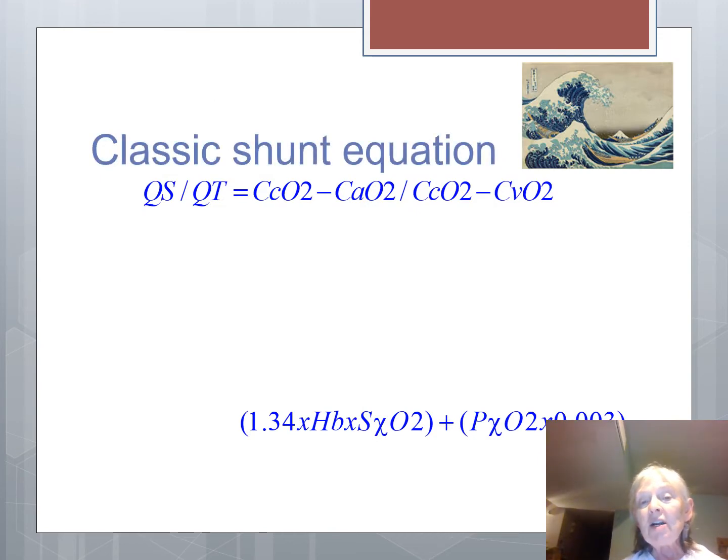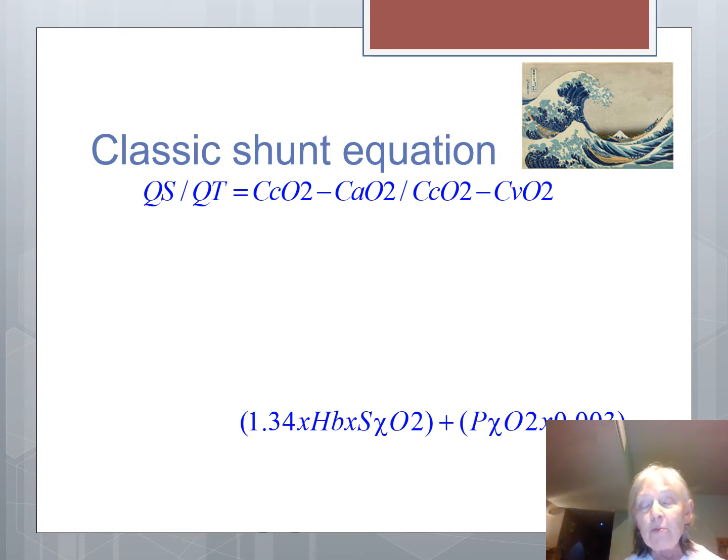The classic shunt equation. This is probably the best formula that we have for figuring out the efficient use of oxygen. The problem with the classic shunt equation is that in order to get the CVO2, the content of mixed venous O2, we have to have a catheter in the pulmonary artery.